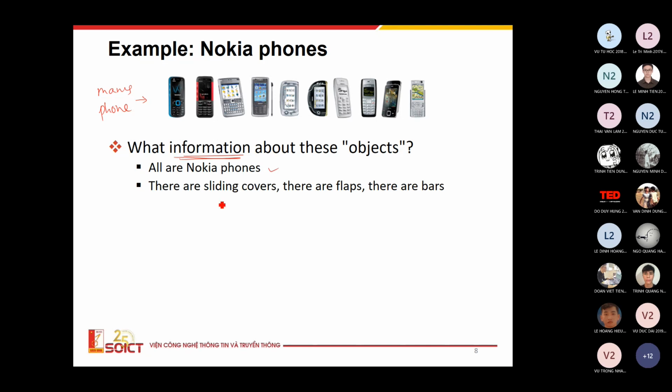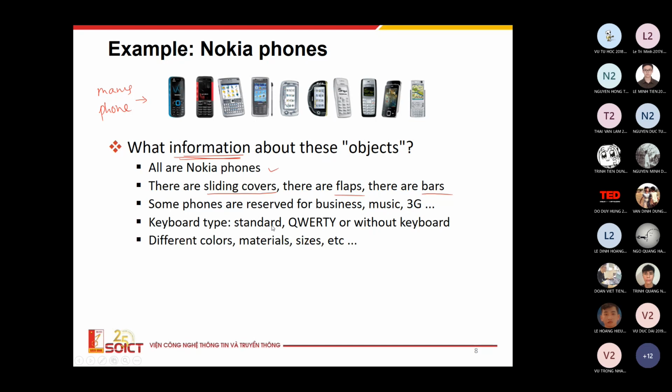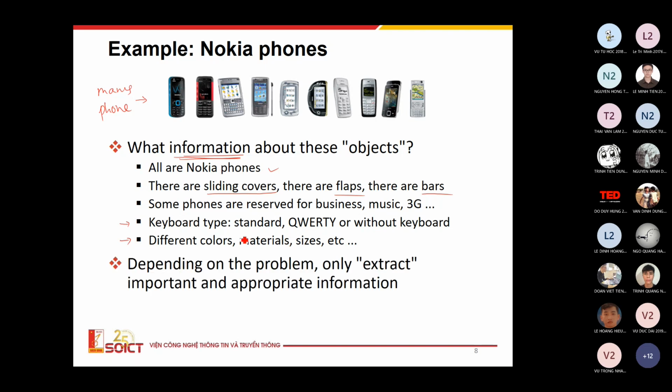You describe the overall view of this phone. For example, they have a sliding cover, they are flip phones, or they are just like a bar. And there are many things you can use to describe the phone. And depending on the problem, you only extract the important and appropriate information.